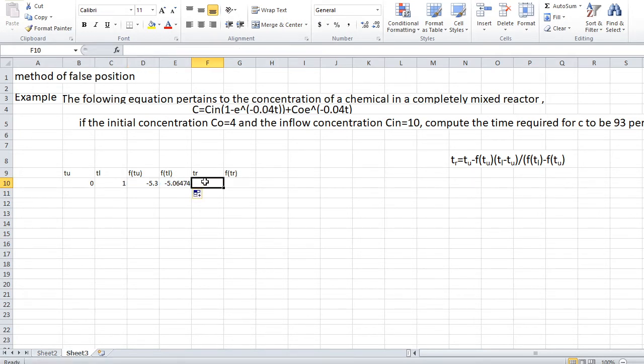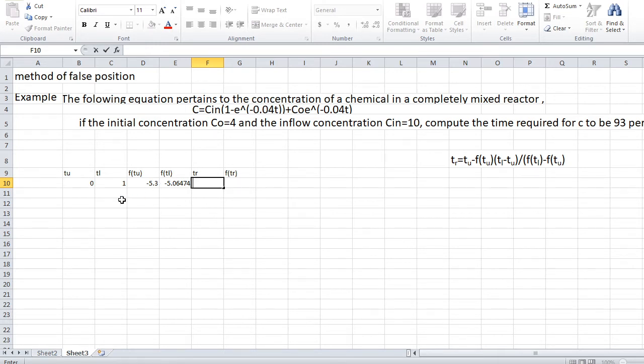Now finding TR by the method of false position. But actually we don't need to find the TR because, as we see, the function is negative at both intervals.